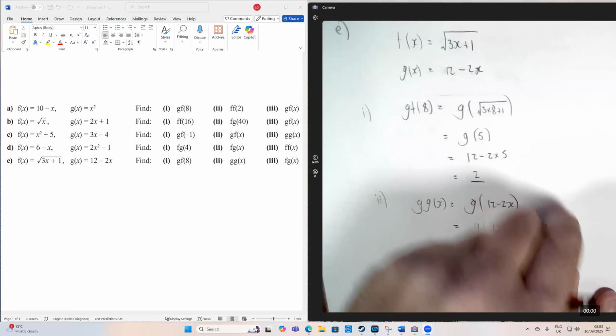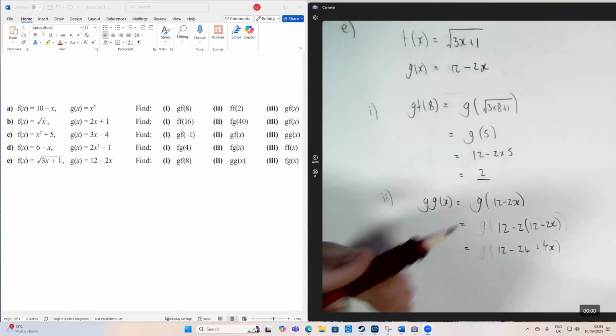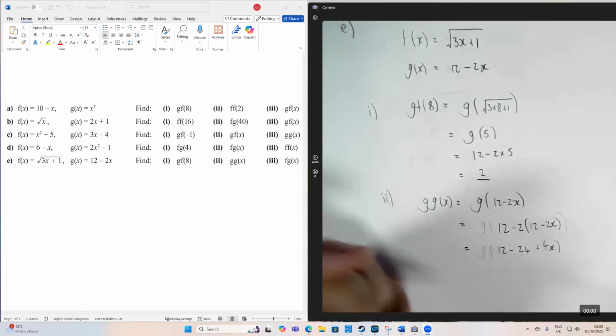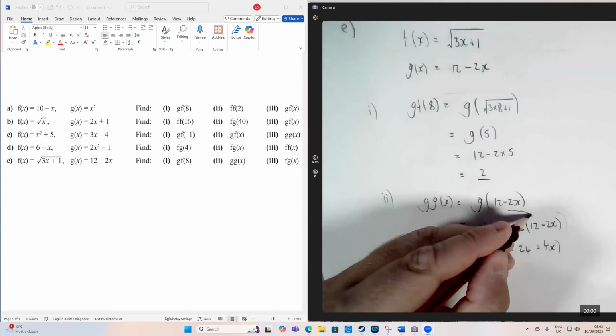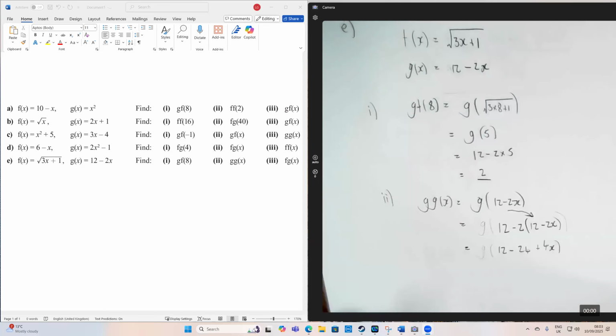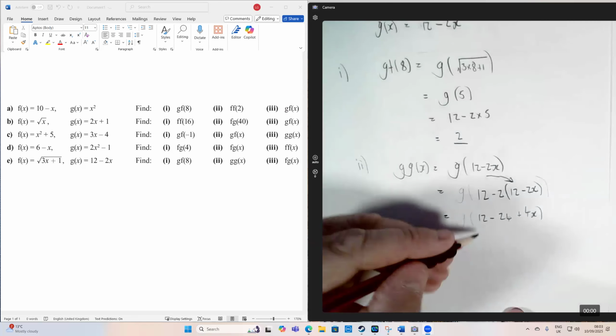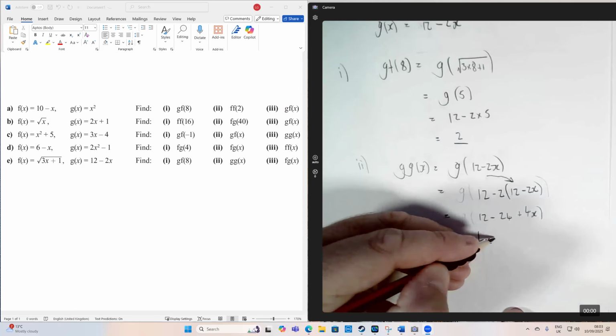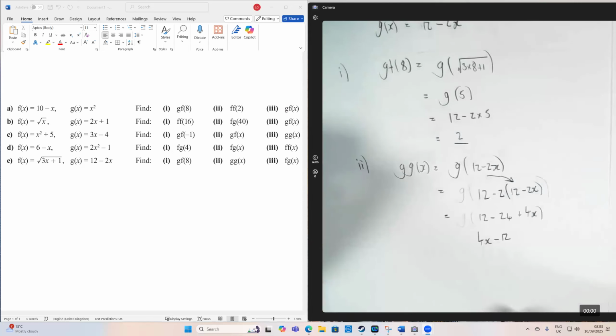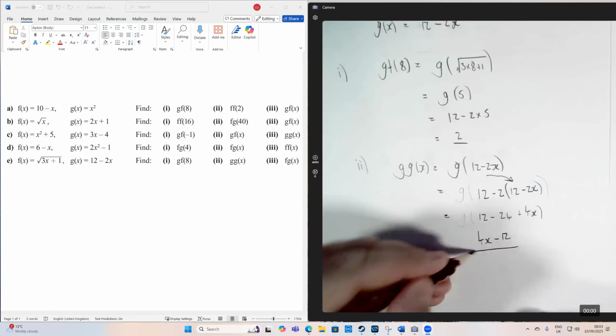Okay, get rid of that. So basically, notice our g of x has gone into the g of x. That's why we didn't need that g of x notation there anymore. Okay, that's fine. So we now just need to collect our like terms, and we've got 4x minus 12 as our answer for that one. 4x minus 12 is our answer to the second part.